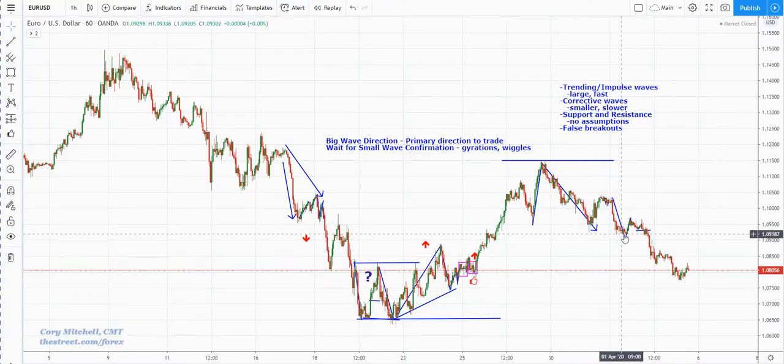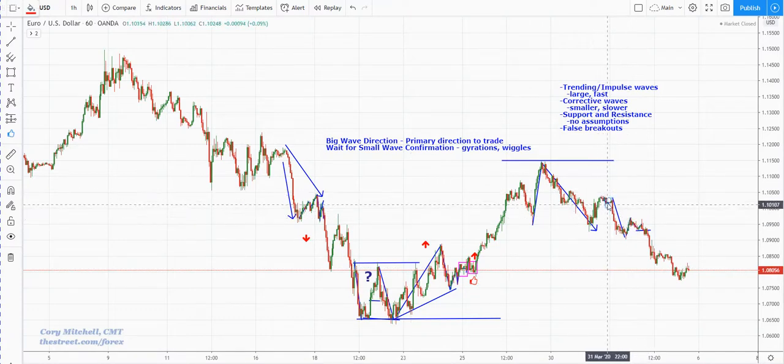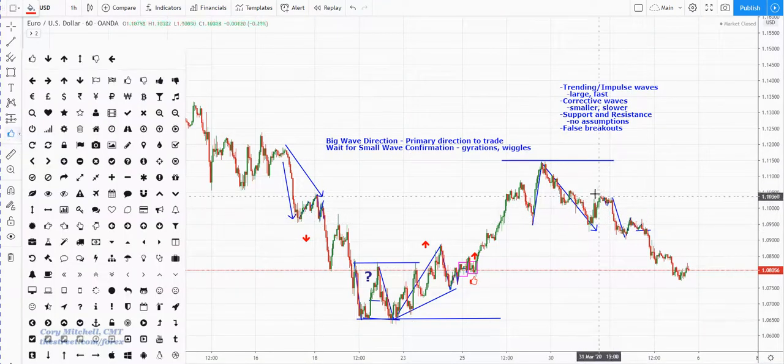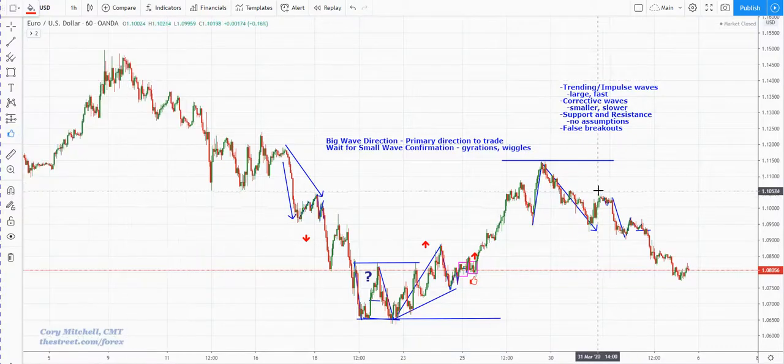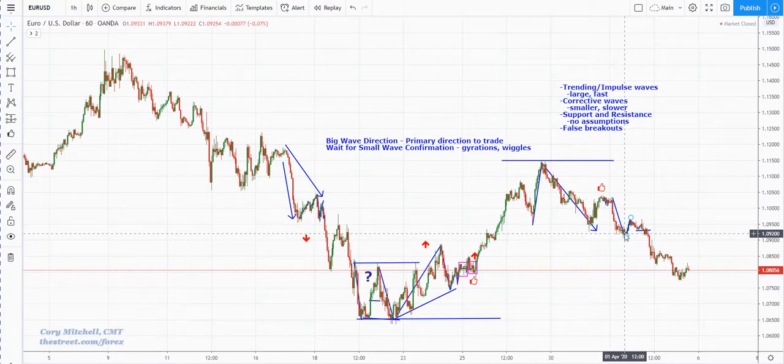And under typical scenarios, we may not have a false breakout, and we're just looking for the little bits of confirmation, those little higher lows or smaller waves to indicate that the price is starting to move back in our bigger trending direction.